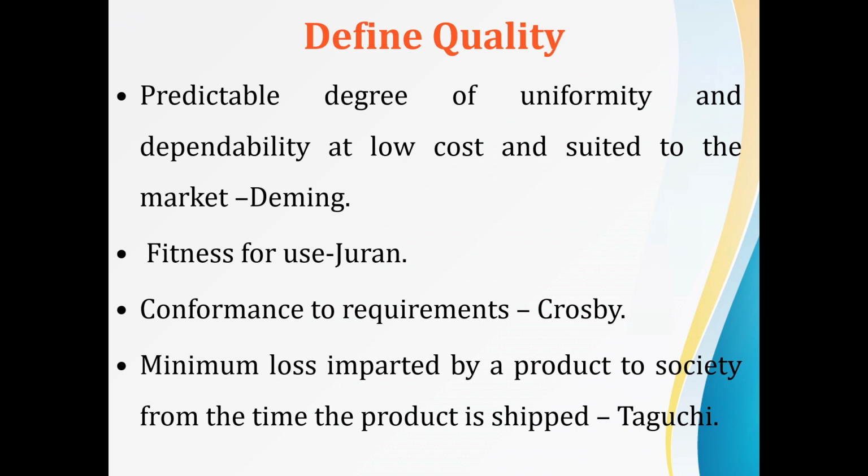And then according to Taguchi, quality is freedom from loss or minimum loss. So if a product is developed which, while being used, produces very minimum loss, then the quality of the product is better or good. According to him, quality is defined as minimum loss.